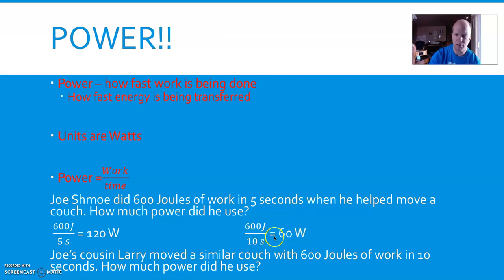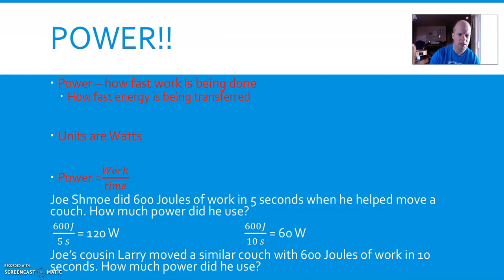He used less power, right? And so there's a difference there. Even though they did the same amount of work, right? They used different amounts of power because of how fast they did it, okay? So this is what makes this a little bit more complex, right? Okay, is figuring out, okay, when you get more watts, you do things faster and so on, okay?